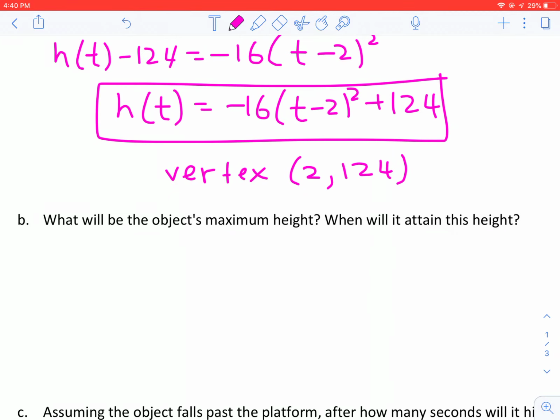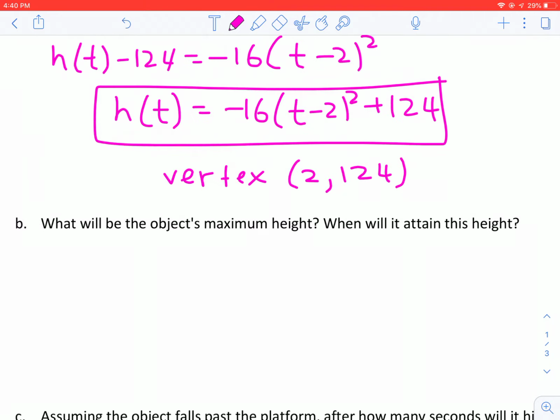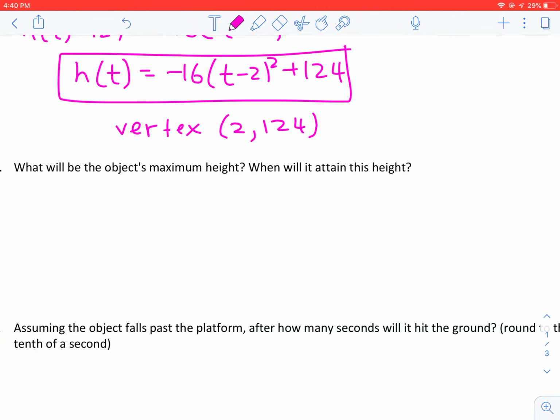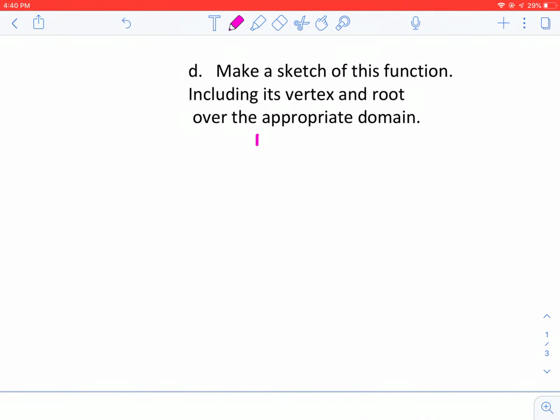What will the object's maximum height be, and when is it going to attain this height? We actually already answered this question with that. If we think about what this is going to look like when we graph it, I'm going to skip down to letter D here, which says make a sketch. I already know my vertex is at 2, 124.